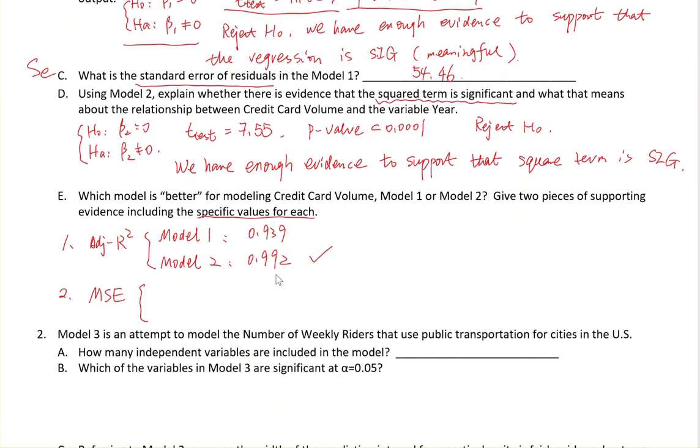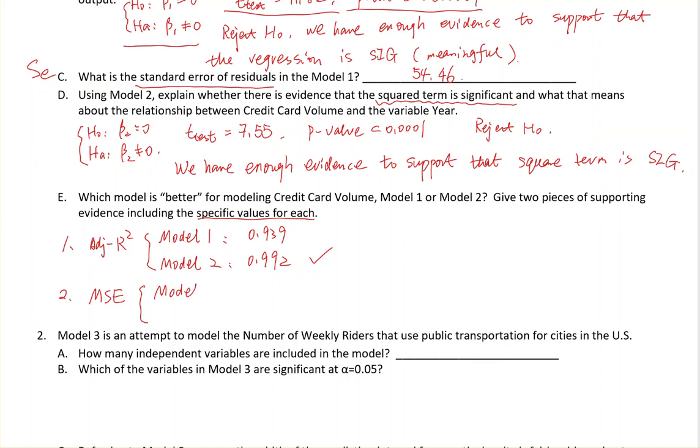So for Model 1, the MSE is 2966. For Model 2, the MSE is 371. So which model is better? We want the adjusted R-squared as large as possible. We want the MSE as small as possible, right? So that means Model 2 is preferred. So based on these two supporting evidence, which model is better? Model 2 is better, right?